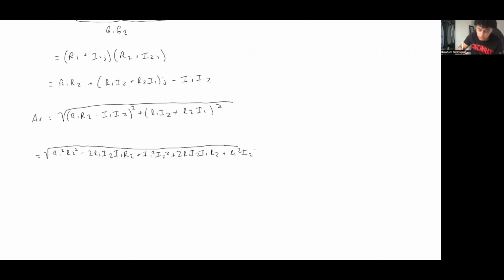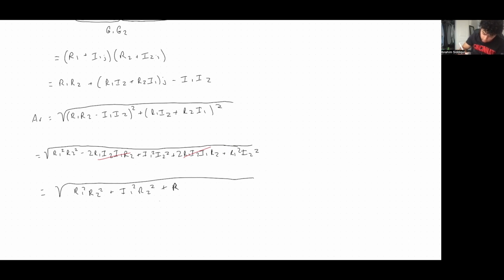Of course, looking at this, we can see that we can cancel out some things, so I'll do that and then rewrite it. For our rewritten version of the amplitude ratio, what we'll get is R1 squared R2 squared plus I1 squared R2 squared, and then plus R1 squared I2 squared.